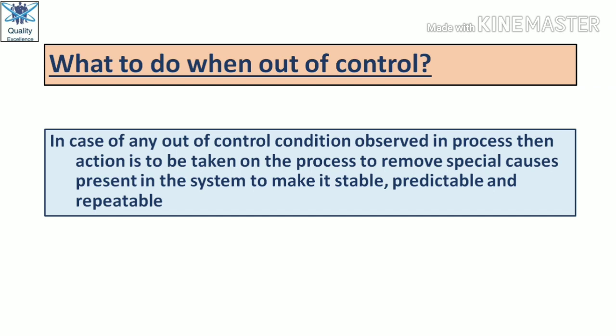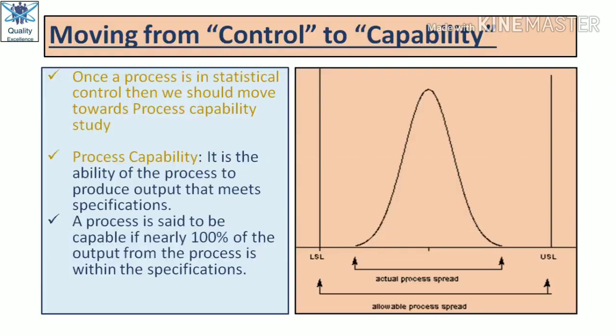So what we need to do is take some actions to improve the process and make it stable, predictable and repeatable. Once a process is in statistical control, suppose we consider now the process is in statistical control, then we should move towards a process capability study.